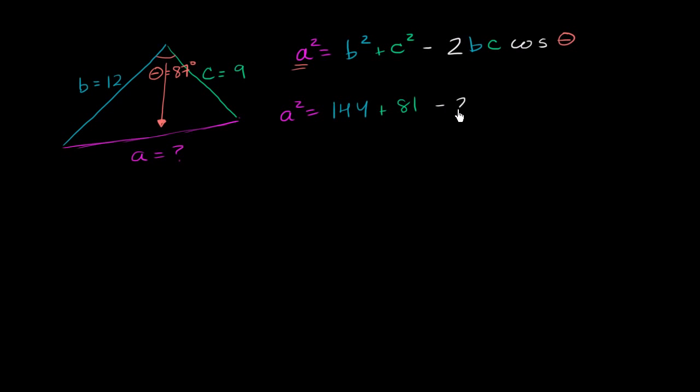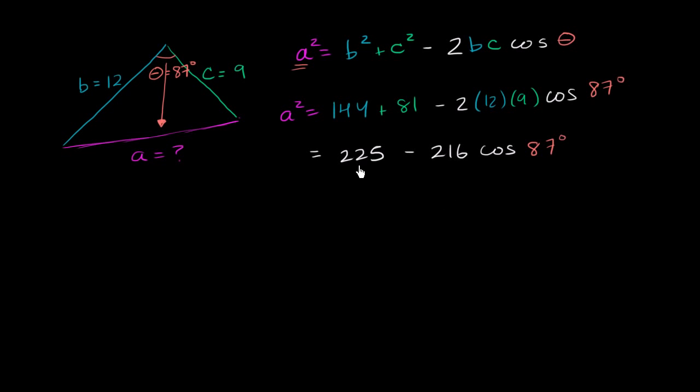So that's minus 2, I'll just write it out, minus 2 times 12 times 9 times the cosine of 87 degrees. And this is going to be equal to, let's see, this is 225. 225 minus, let's see, 12 times 9 is 108, 108 times 2 is 216, minus 216 times the cosine of 87 degrees.